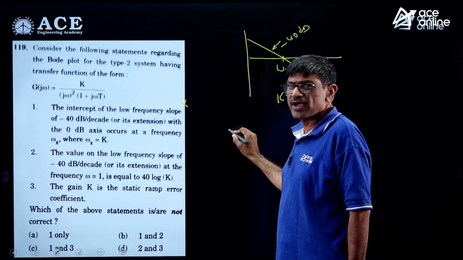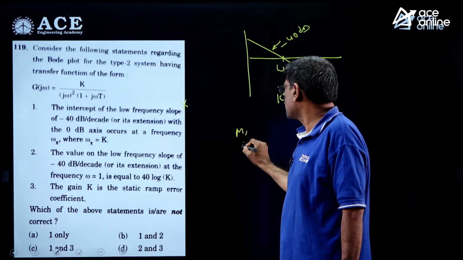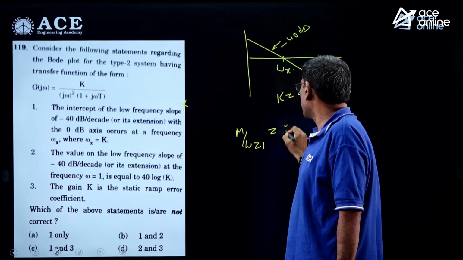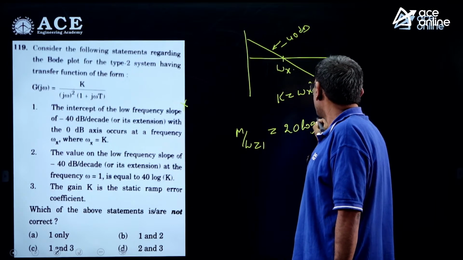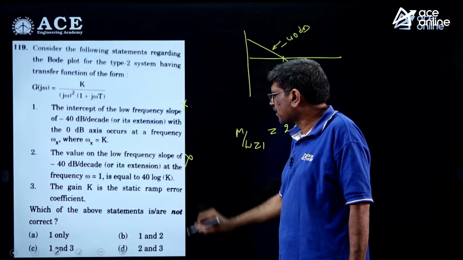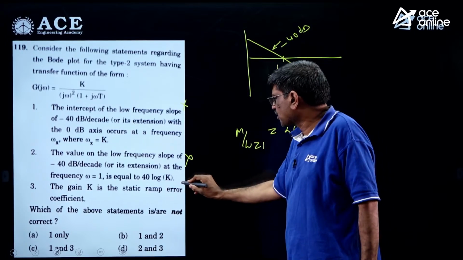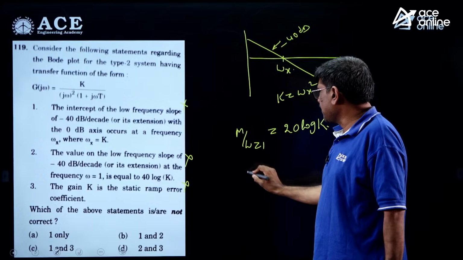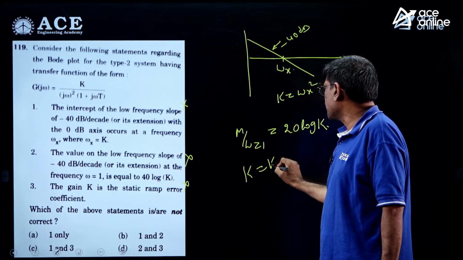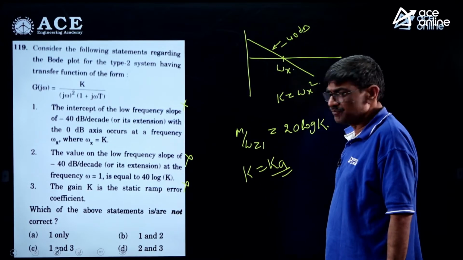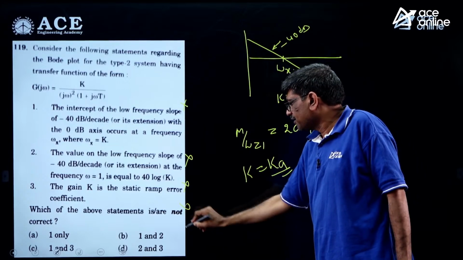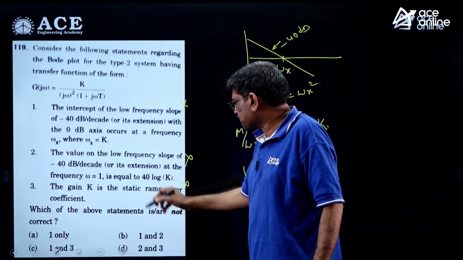If you find the magnitude at omega equal to 1, you will get 20 log k, not 40 log k. The third one is also wrong, because k will become the acceleration error coefficient, because it is a type 2 system. So all are wrong here, no option matches.